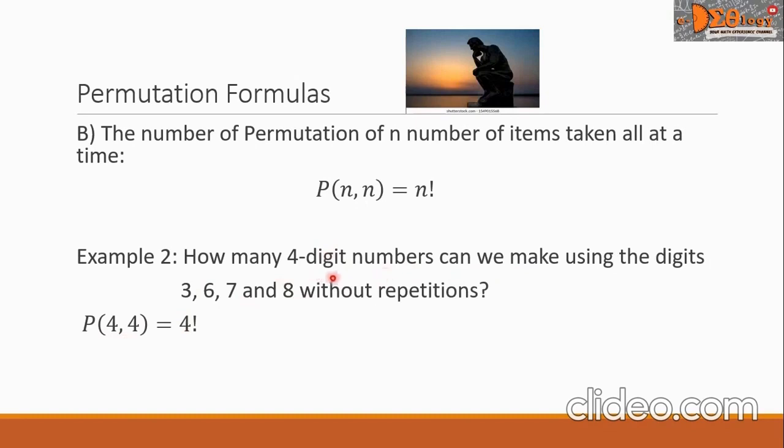Simply means we are taking all the digits at a time. So this is equal to 4 factorial. So 4 times 3 times 2 times 1 equals 24. This is our final answer.